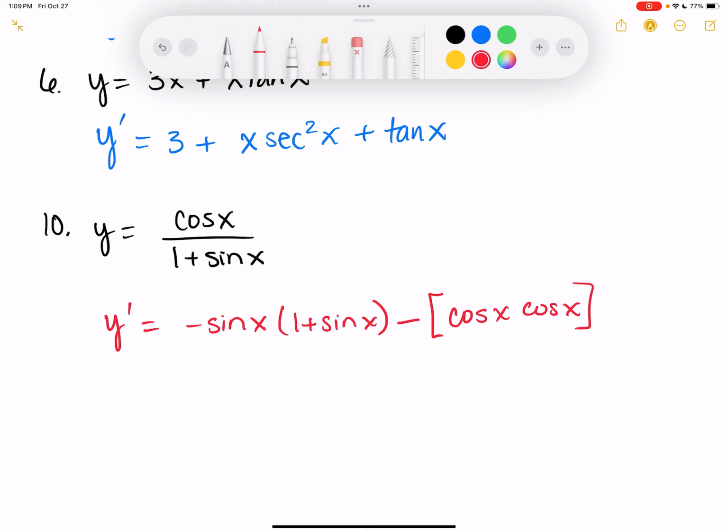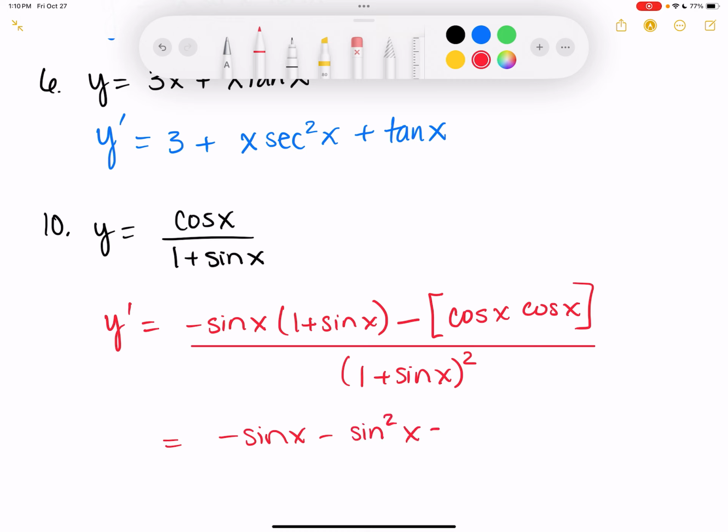All over 1 plus sine x squared. So it's the derivative of the top times the bottom minus the top times the derivative of the bottom all over the bottom squared. So then I've got negative sine x minus sine squared of x minus cosine squared of x all over 1 plus sine of x squared.